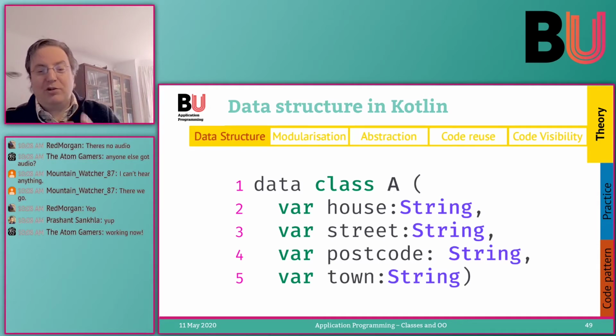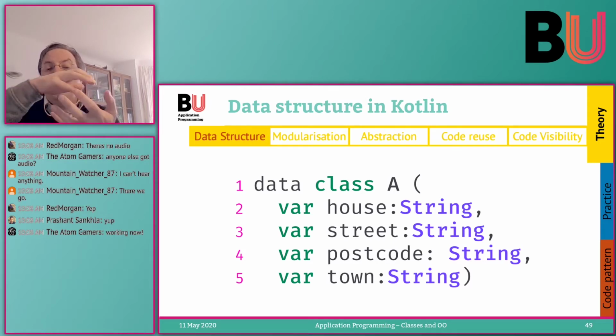So data structure is just the ability to create a type that holds more than one component value, more than one data storage location. This particular example uses a Kotlin data class. So data class provides a little bit of extra functionality.